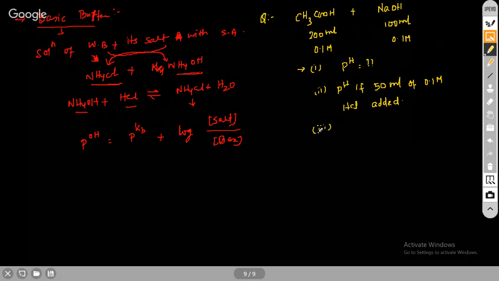Third, the pH if 50 ml of 0.1 molar NaOH is added.